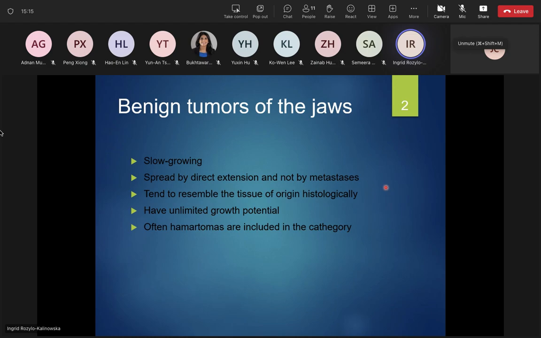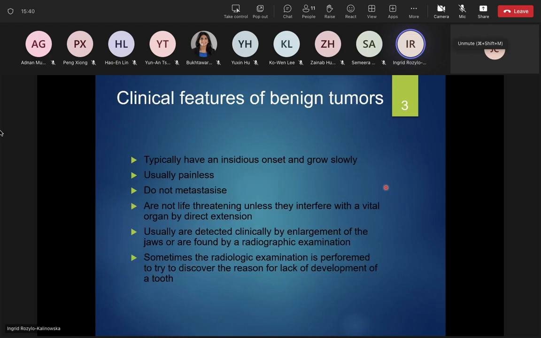Sometimes hamartomas, so the tumors that do not grow, but are kind of a tumor, are also included in this category. So clinical features of benign tumors: they grow slowly, so they do not arise suddenly.